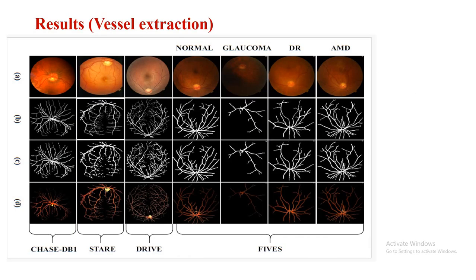These are the results you can see. The first row contains the input images, the second row is for the ground truth, the third row is the segmented vessels, and the fourth one is the masked images. As you can see, the last 4 columns are the images for the 5 dataset, and the first 3 columns are the images for the Chase, DB1, Stare and Drive datasets respectively.